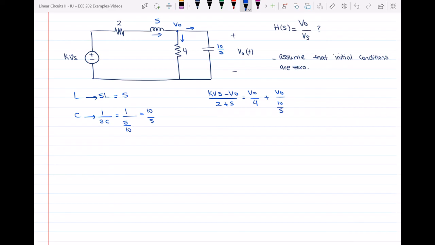And then here I will keep VS on one side, the left side, and I will take VO to the right side so I can have all VOs on one side. So I have VO over 4 plus S over 10 VO plus 1 over 2 plus S VO.